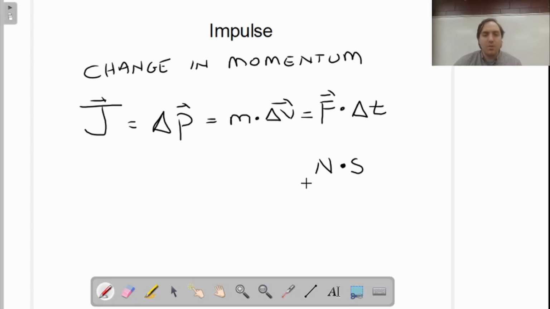And if you remember, a Newton is a kilogram times meter over second squared. If you multiply that by a second, the second cancels out and leaves you with kilogram meters per second. Which is why the other unit for momentum that is often used in the SI community is Newton seconds.